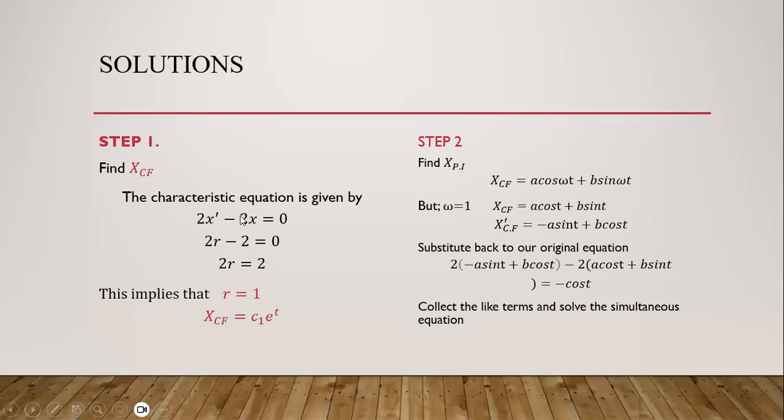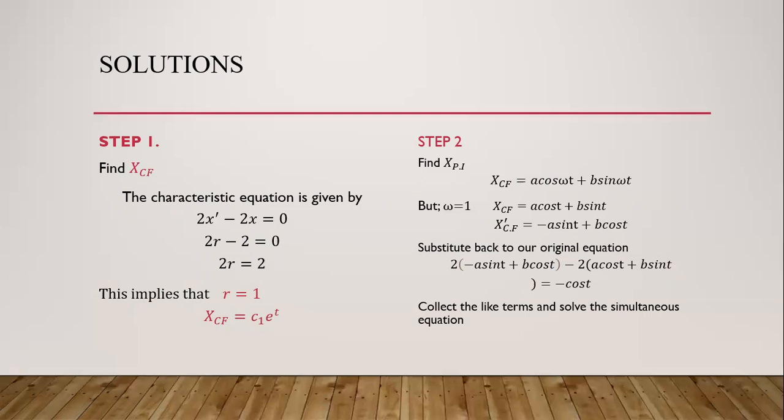As you can see here, 2x prime minus 2x equals 0. When it comes to finding the characteristic equation, you let dx/dt be r. So wherever we have x prime, we substitute r, so that we have the second equation, 2r minus 2 equals 0.